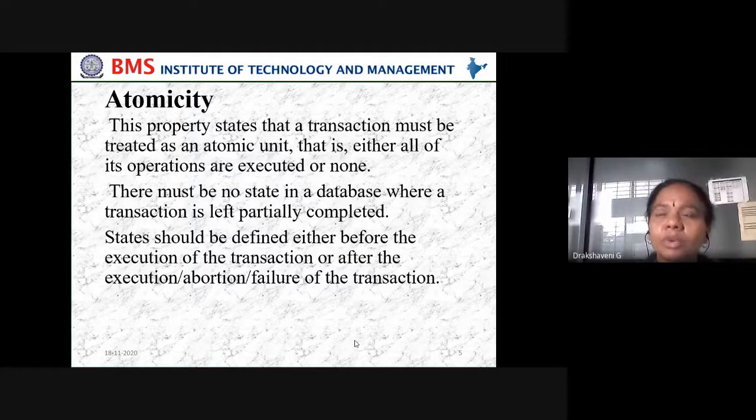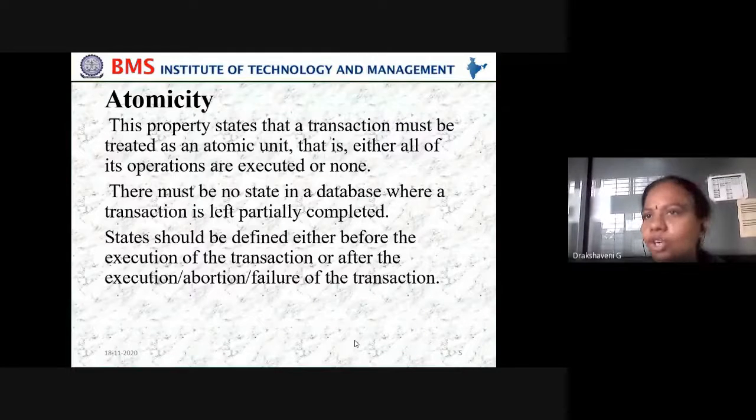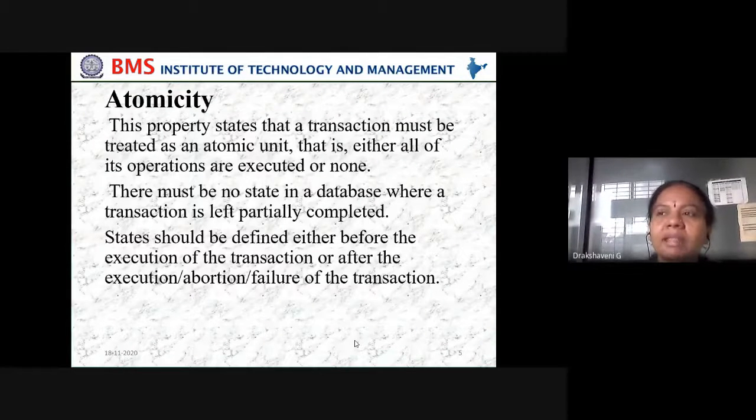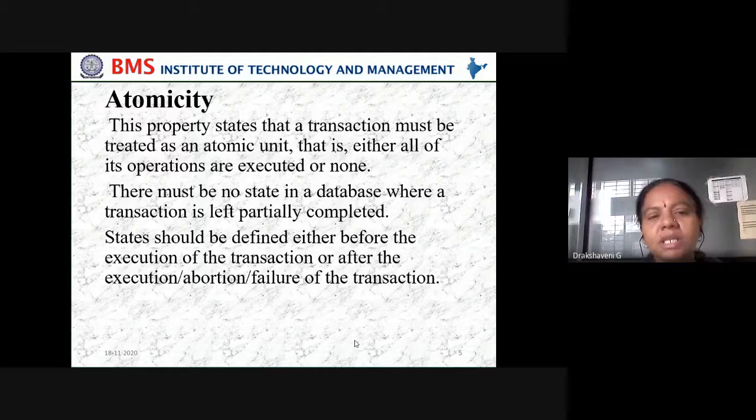What does this atomicity property say to us? Either you execute all the operations I have told, or please don't do anything. That is an important property. Why? Because I cannot say I have done half a transaction. That is not acceptable. Either you complete the transaction or please don't do the transaction. That is what atomicity says to us.